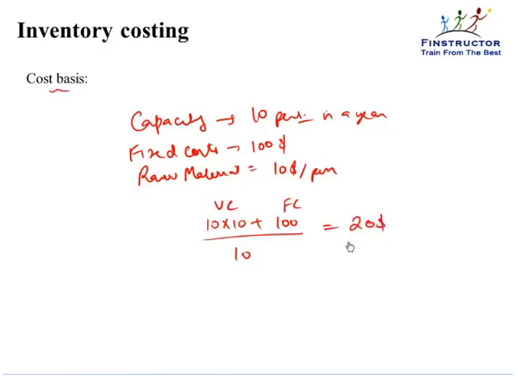Now let's assume that in the same example, we produced only one pen in the year. So even though we did have a capacity of 10 pens, for some reason we could manufacture only one pen in this year. Now in this case, what would be the inventory cost? Would it still be $20 or would it be slightly different? So I produced one pen.